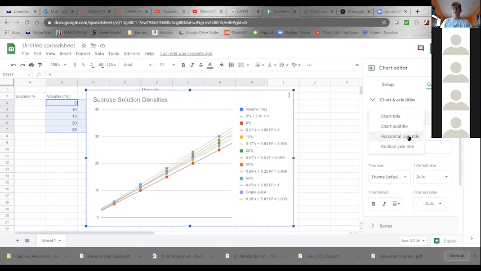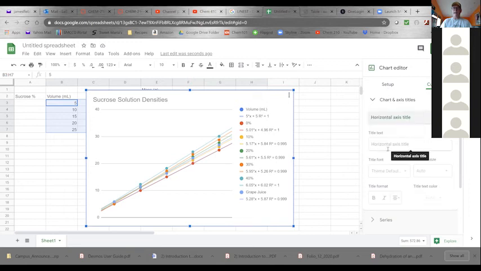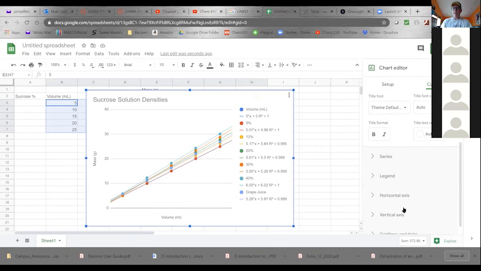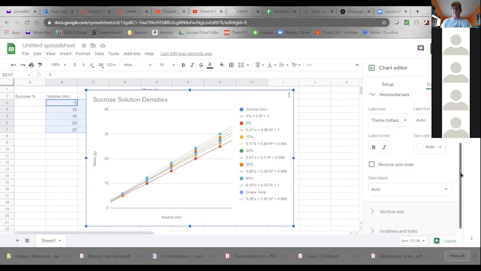Then we want a horizontal axis title. That is going to be volume, mils, and our vertical axis title, which is our y-axis, will be mass in grams. Okay. Now let's see if we can fix this volume, because we're not getting any horizontal axis.